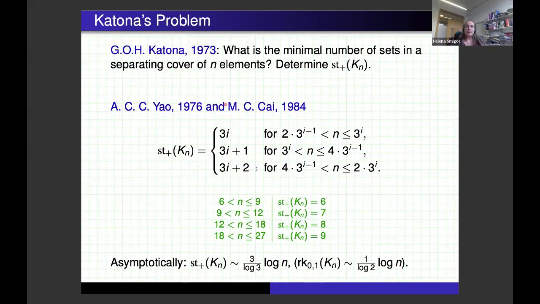And from this formula here, we can also determine the asymptotic behavior of the SNT rank, which is 3 over log 3 of log n. So both of those parameters behave as log n, but the constants are different. And this is another illustration that these ranks are actually behaving differently. They're different parameters behaving differently.